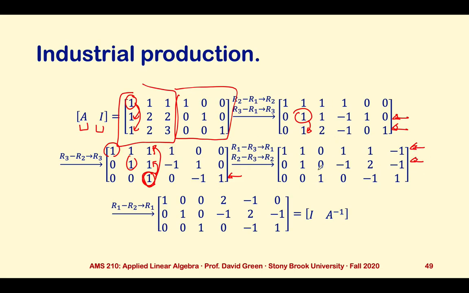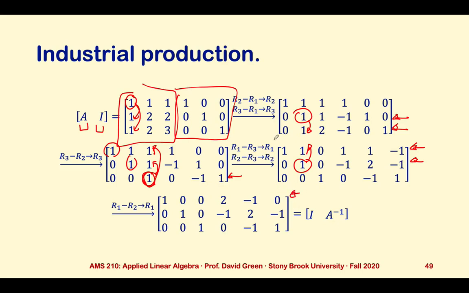After eliminating with that pivot, we move up and to the left to our next pivot, and again eliminate upwards. Once again, same coefficient, simply subtract the second row from the first. 1 minus 1 is 0, 0 minus 0 is 0, 1 minus negative 1 is 2, 1 minus 2 is negative 1, and negative 1 minus negative 1 is 0.